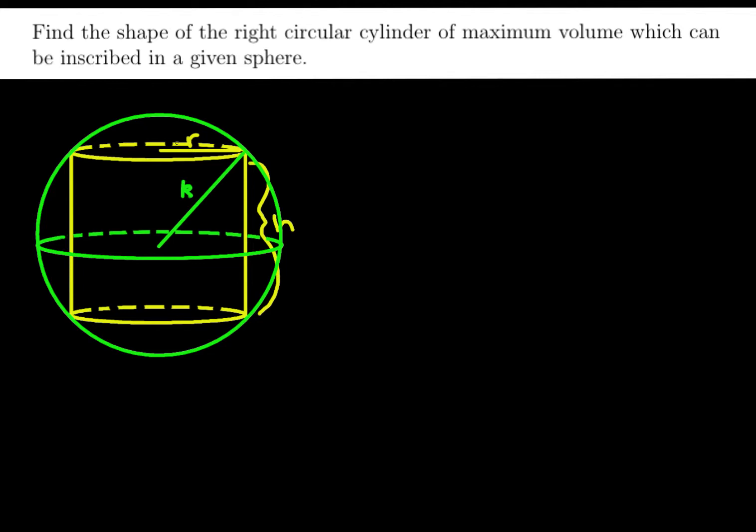So let me write that. h is the height of the cylinder, and r is the radius of the cylinder. Right, so those are the two variables we have, and we want to maximize volume.